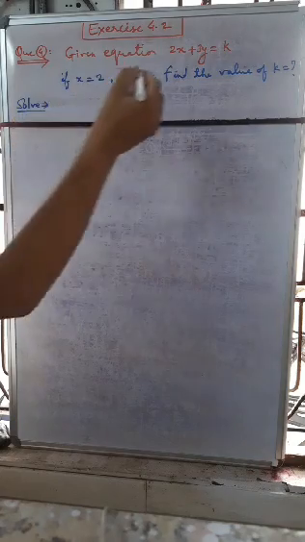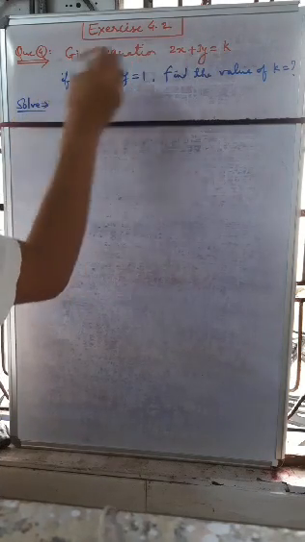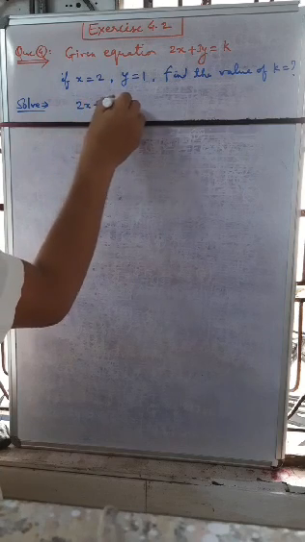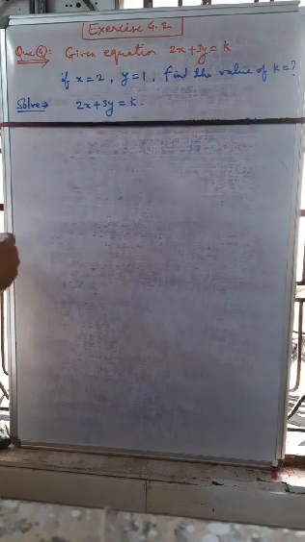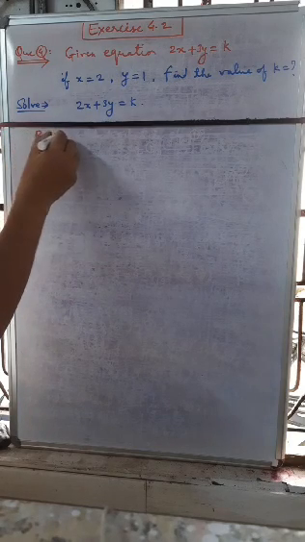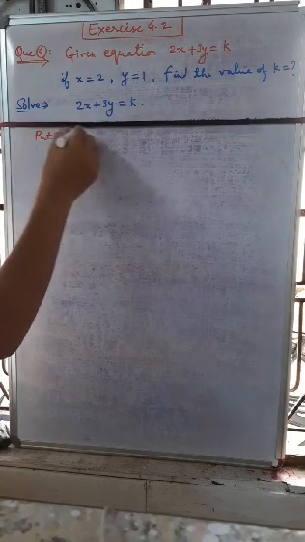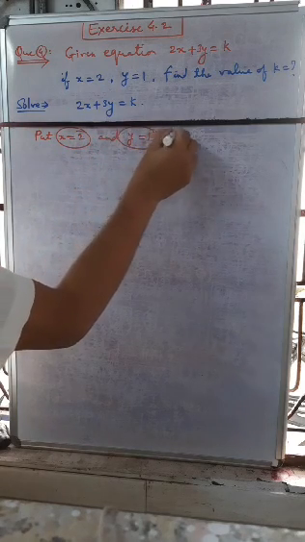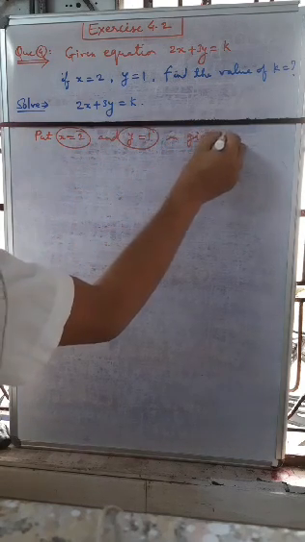We will put the value. So the given equation is 2x plus 3y is equal to k. Here you will put x is equal to 2 and y is equal to 1 in the given equation.